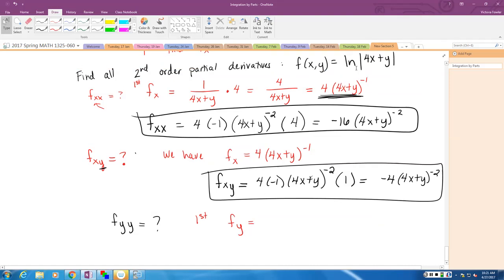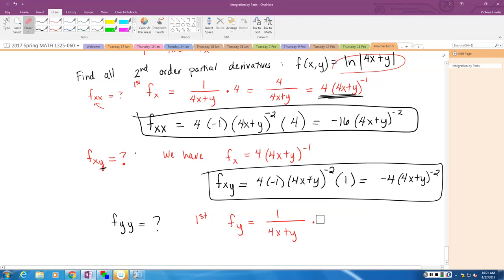So my function's way up here. I take the derivative of this. What is it going to be? 1 over the argument times the derivative of the argument, which is the derivative of y is going to be 1. That's right. 4x is a constant.